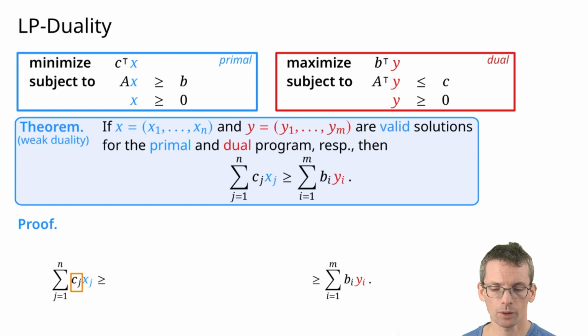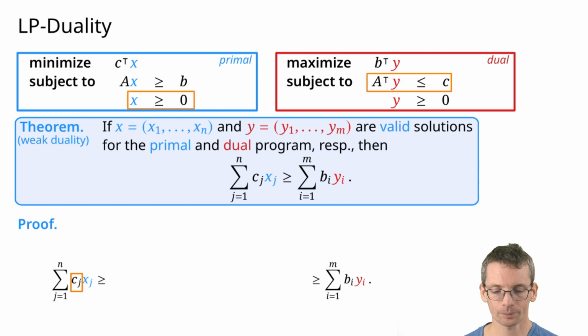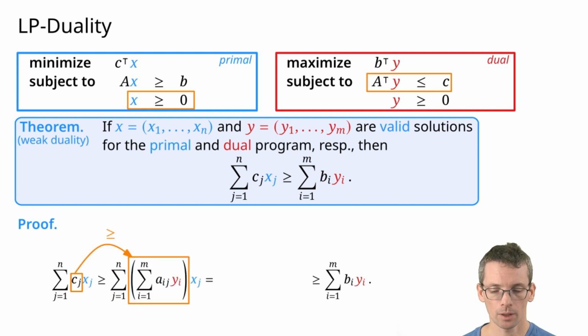So this could also be written as, or is actually simply C transposed X. Now I have in the dual constraints that A transposed Y is smaller or equal to C. So the C in the C transposed I can replace by A transposed Y. And because X is non-negative, I get, if I do this replacement, a larger equal here. So this is now simply plugging in this set of constraints.